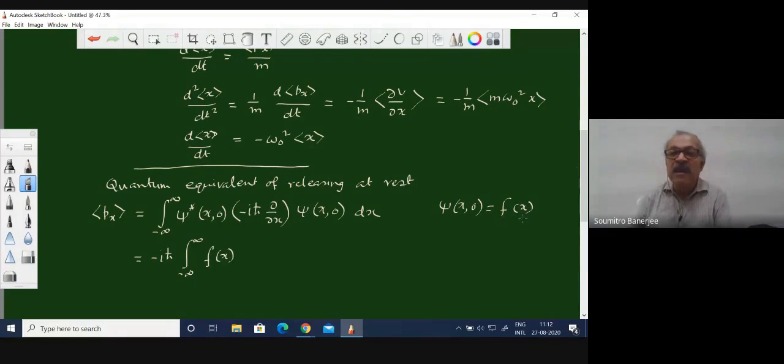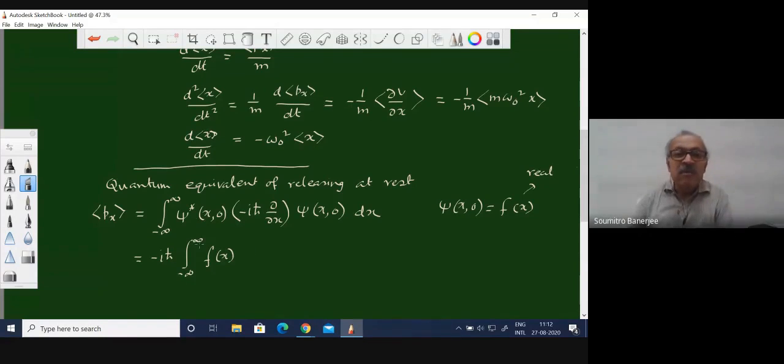Suppose f is a real valued function. If it is a real valued function, then psi star, I don't need to put an f star.